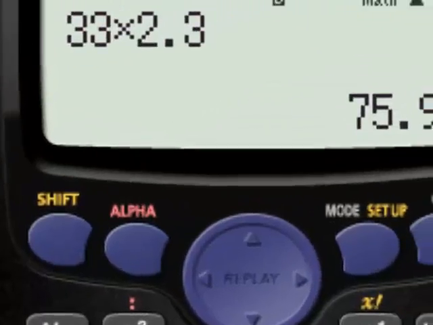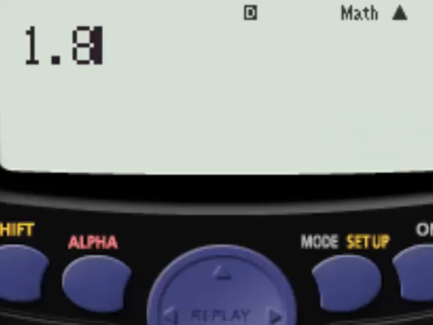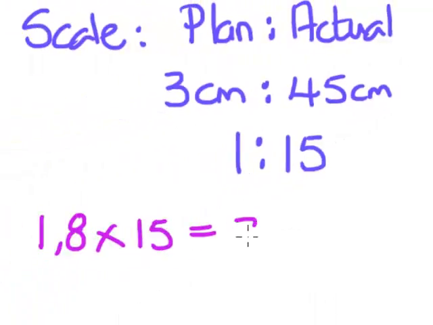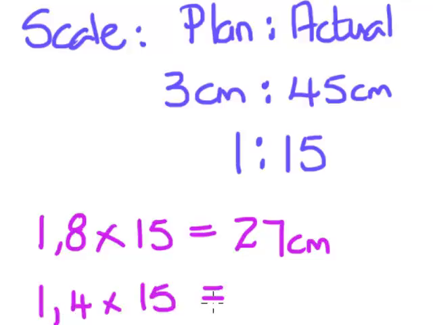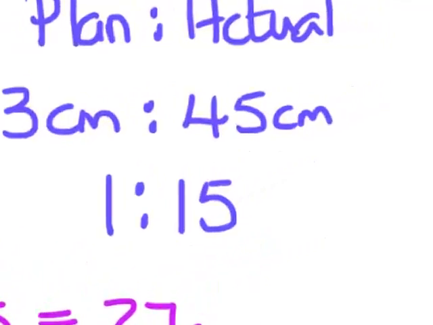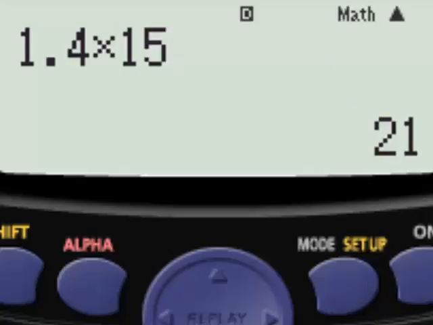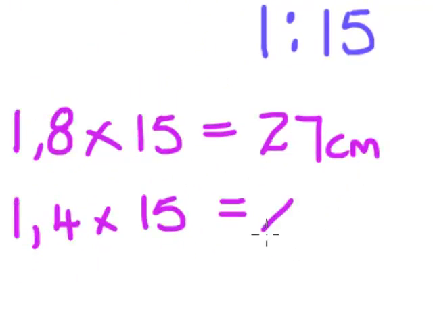Let's get the calculator: 1.8 times 15 gives us 27 centimeters. So that's going to be the length. And the breadth of the cooler box lid, 1.4 multiplied by 15 gives you 21 centimeters.